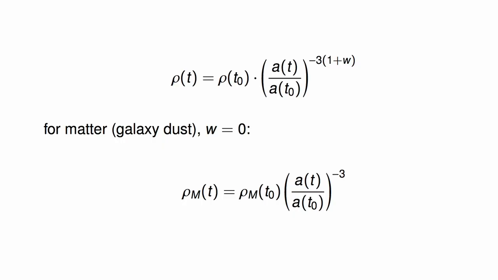So if I have the same number of galaxies representing the same total mass, and if I just put them into a larger and larger volume, and we've seen that volume, of course, scales with the third power of the scale factor because you're looking at a cube, then, of course, the density in this situation must go down in this way. So we have only rederived something that we have already known, which is good.